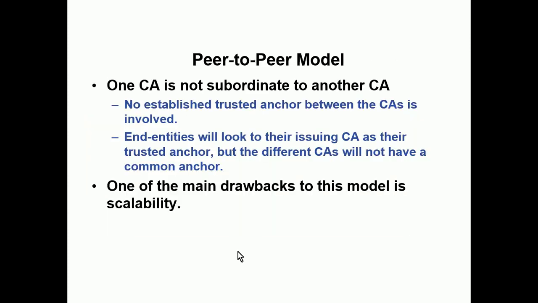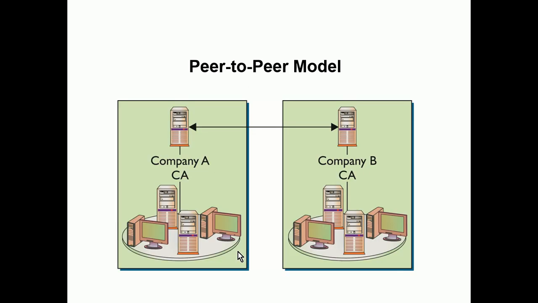In a peer-to-peer model, there is no one CA that is subordinate to another CA. So you have these different CAs that trust each other. What's important to note here is why we would need CAs that trust each other. On the public internet, for example, it wouldn't be wise to have one company that operates the root CA and to which everyone else is subservient.